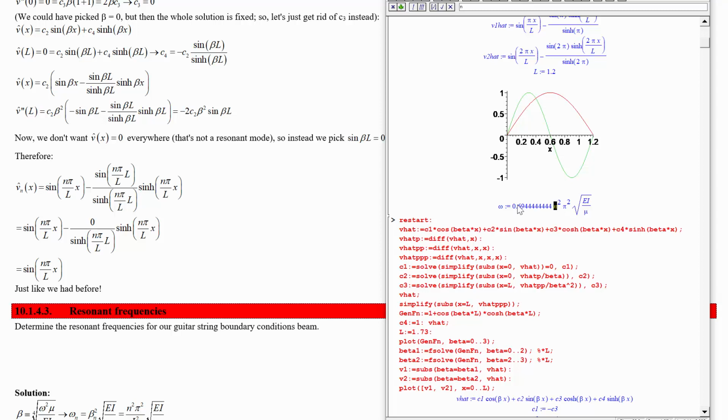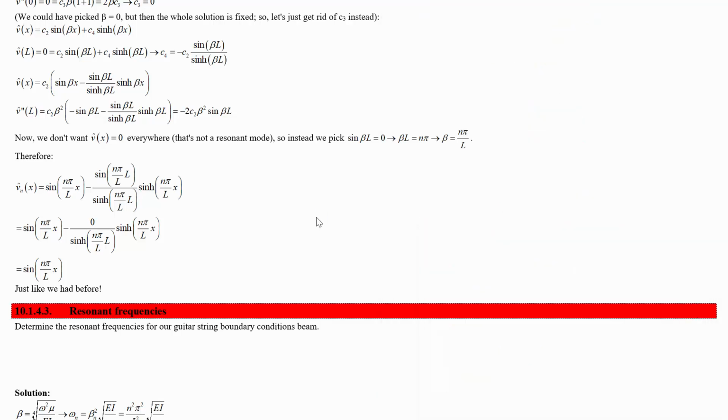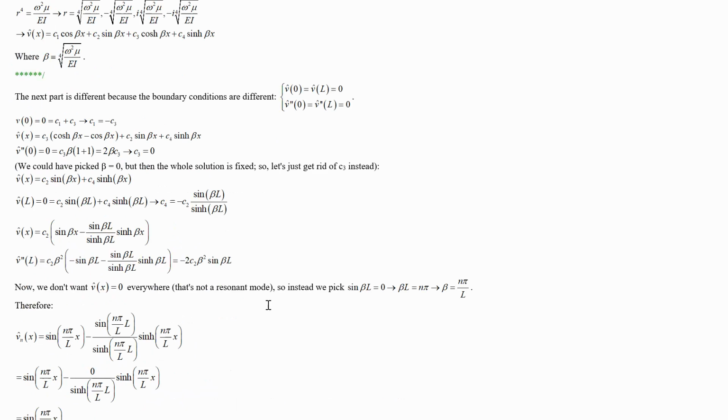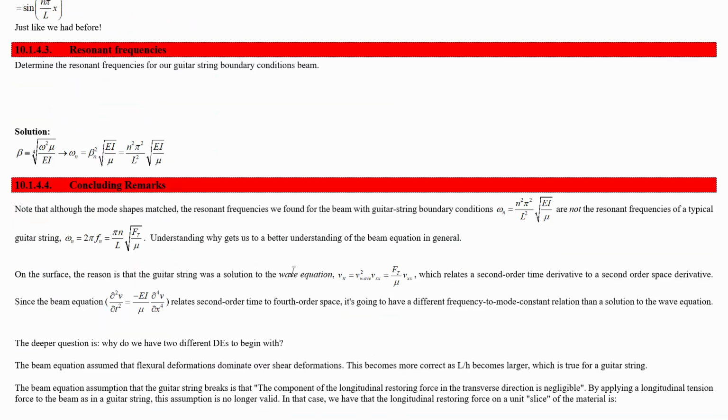So this time for this beam, we don't have just linearly increasing harmonics, but the beams have frequencies that increase like n squared. So taking the same thing and applying the beam equation rather than just the wave equation that we had for a guitar string has led to frequencies that scale with n squared rather than with n.